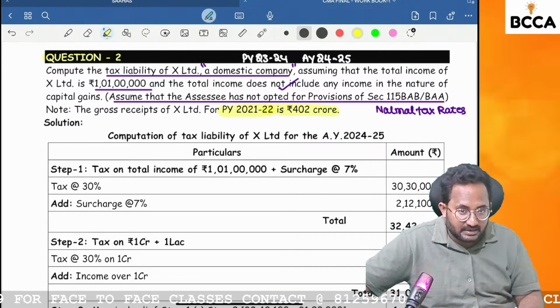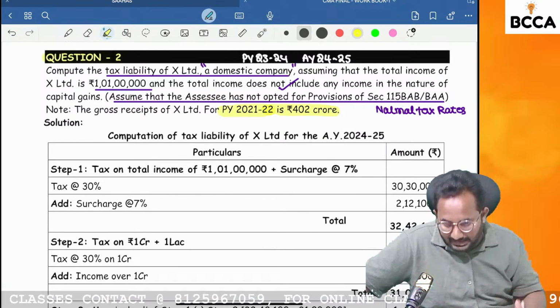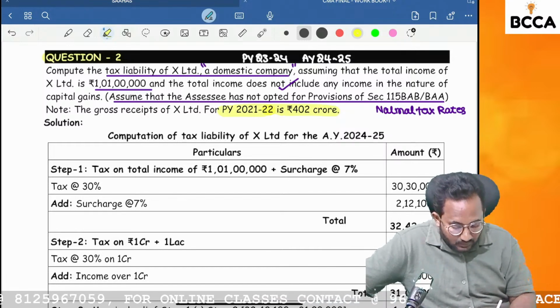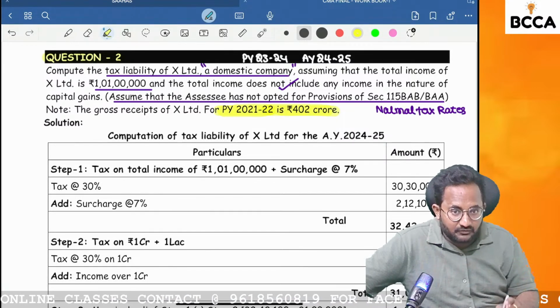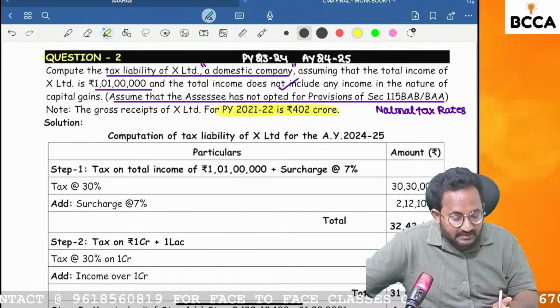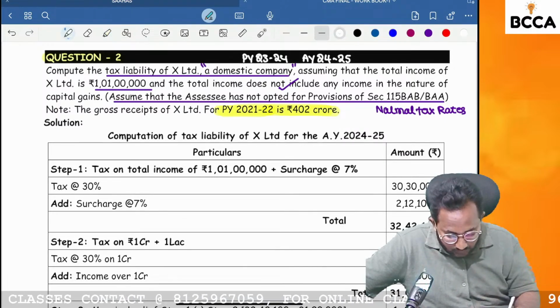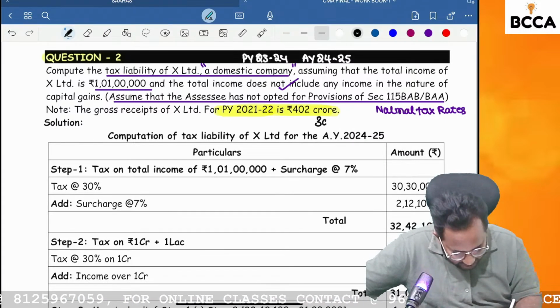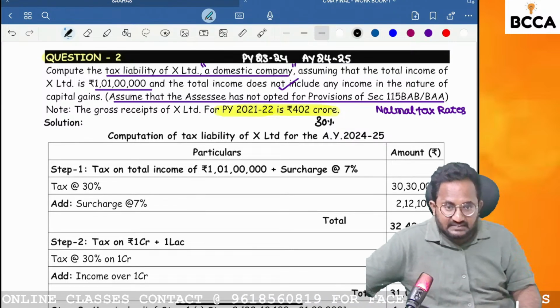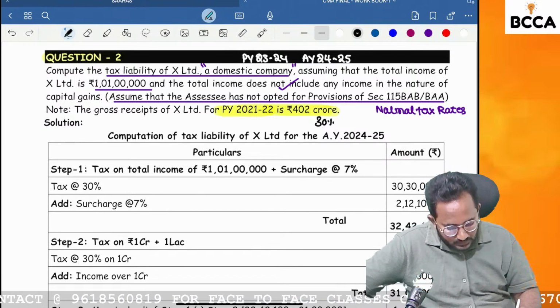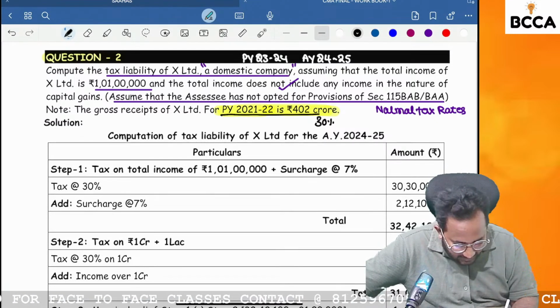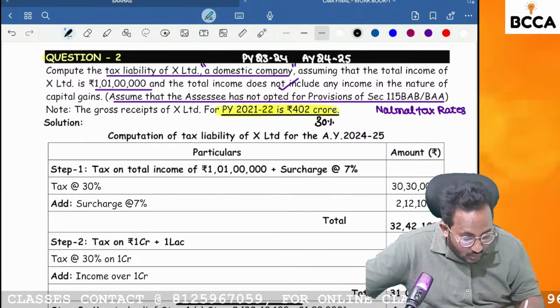I think you remember this from the discussion of tax rates. If the previous year 21-22 turnover does not exceed 400 crores, the rate is 25%. If it exceeds 400 crores, it is 30%. Here it exceeds 400 crores, not lakhs.